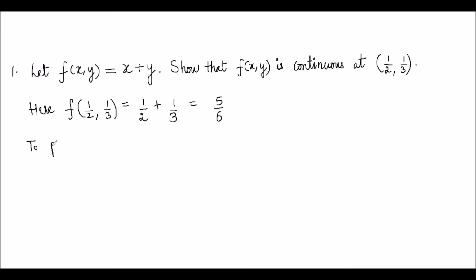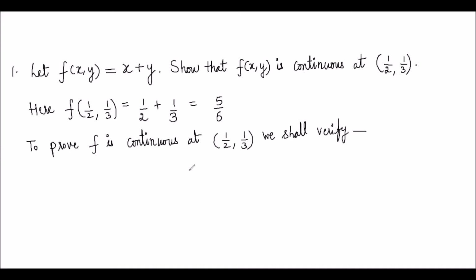To prove f is continuous at the given point, we shall verify that the limit at the given point for the given function f is equal to the value of the function at the given point, which is (1/2, 1/3), and which we have already evaluated as 5/6.